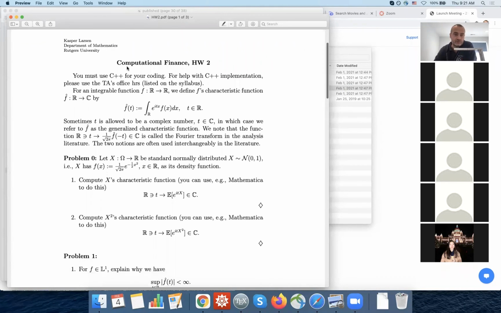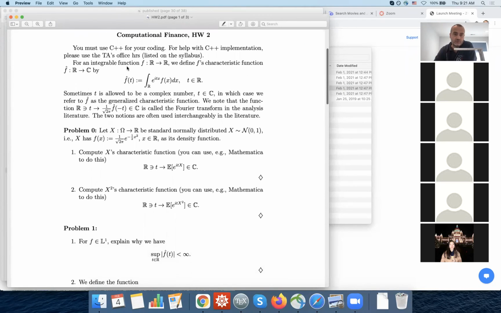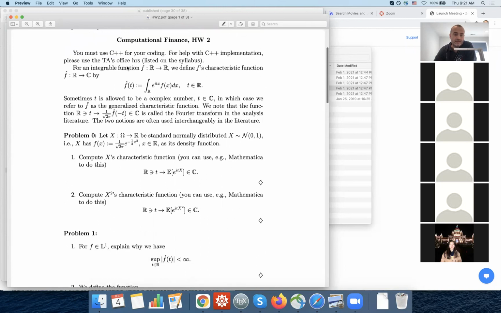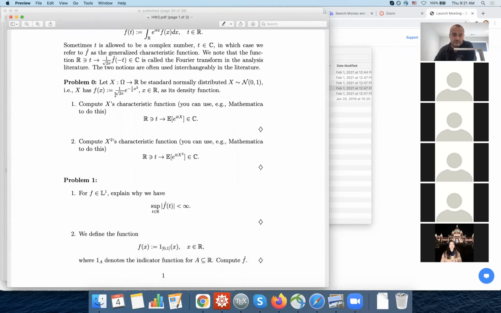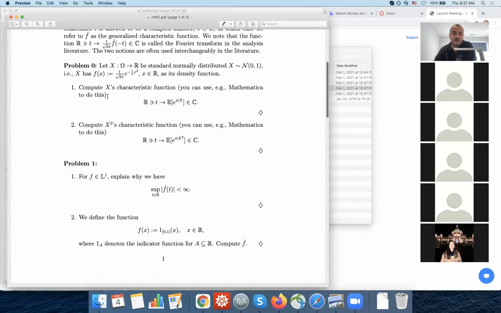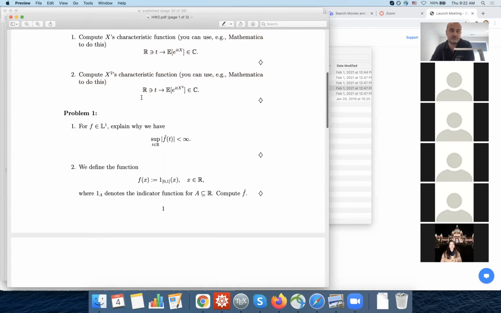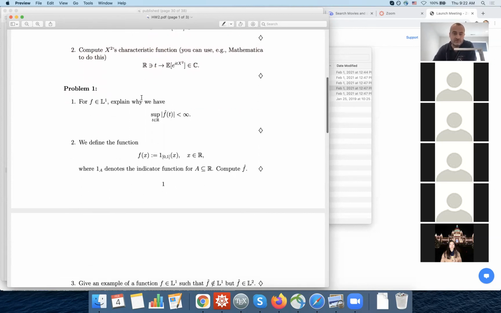So I'm just going to show you the homework. It's homework number 2. And all the problems in homework number 2 are about characteristic functions. And I put some of them. We're going to be doing parts of at least the first problem here in class, but we're going to be talking about this today and next week.